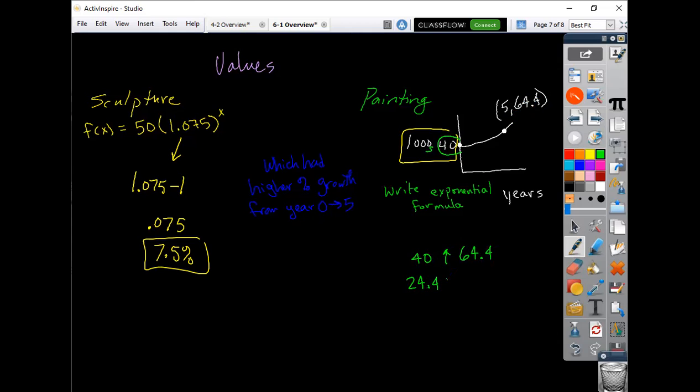Because it's like we have this equation, but we don't know our growth rate. So we know that we have the 40, and we know we have the 64.4. We know it's exponential, so it's the equation like y equals starting value times your multiplier to your growth rate. We do know our starting value right there.